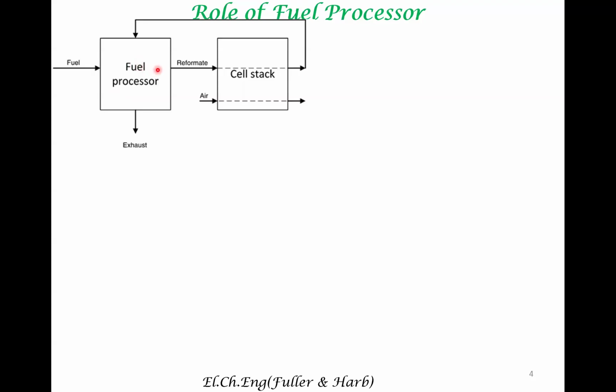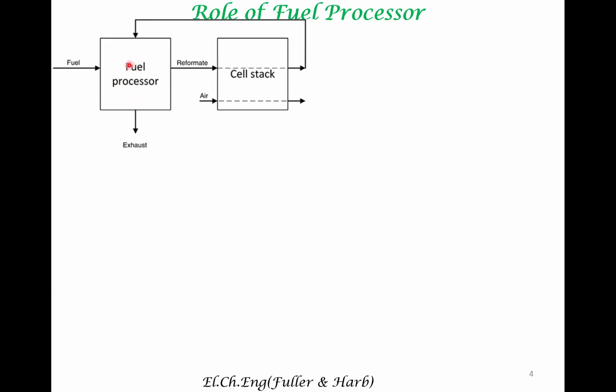Sometimes it might be a reforming reaction that occurs at a particular temperature. And depending upon the temperature of the fuel cell stack, that reforming reaction may continue to occur in the fuel cell stack also. In some cases, the exhaust of the fuel cell stack is recycled back into the fuel processor.